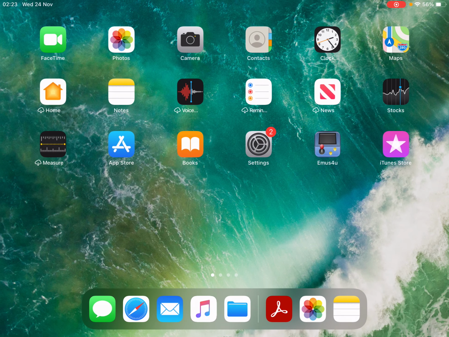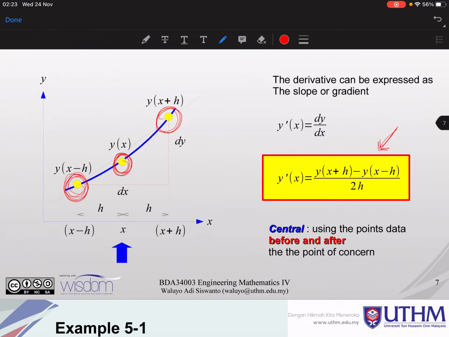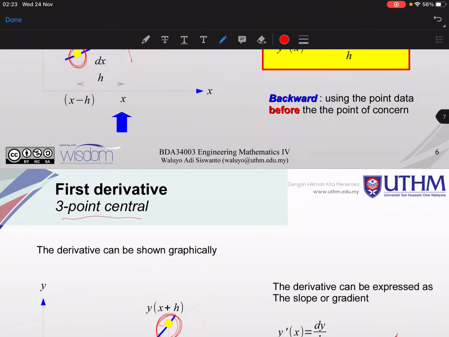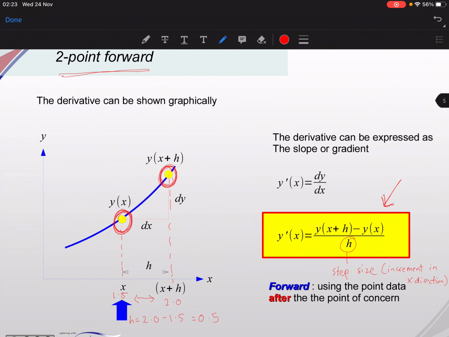Okay, so just to enhance your understanding of h. If you can see here, for example, this is 2-point forward. So we have a value of y(x) here and y(x+h) here.